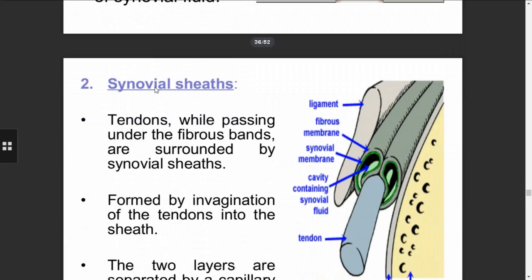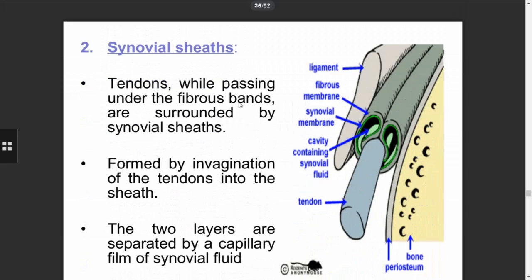Second one is the synovial sheath. When the tendons are passing under the fibrous bands, when there is a chance of any damage to the tendons, synovial membranes surround these tendons, which we call the synovial sheath.